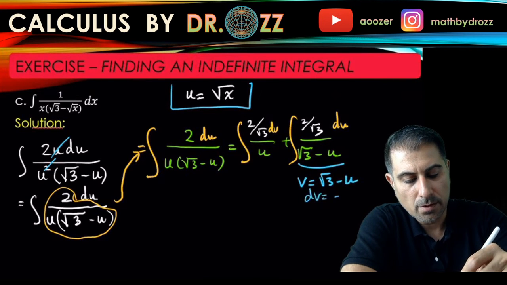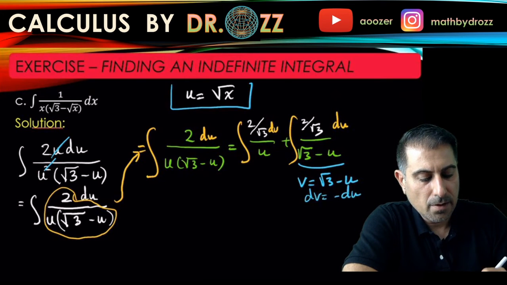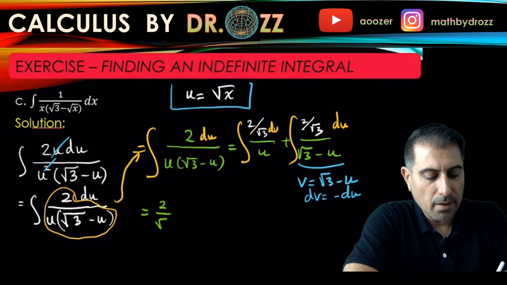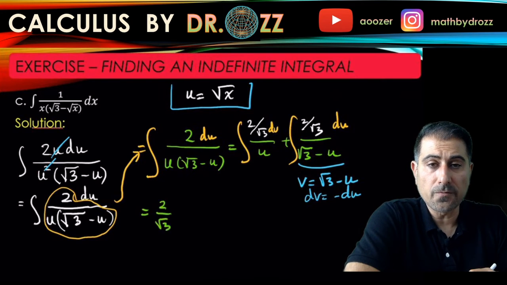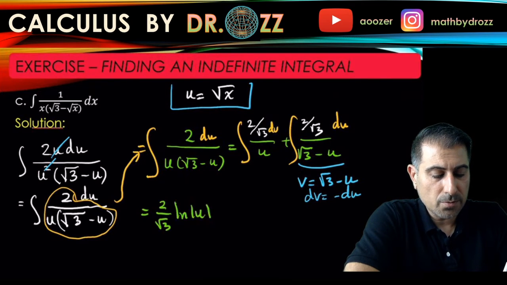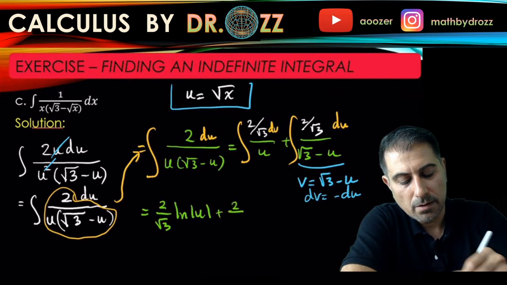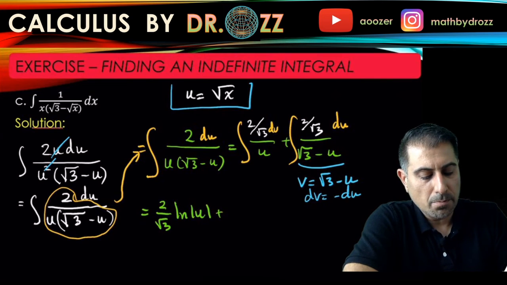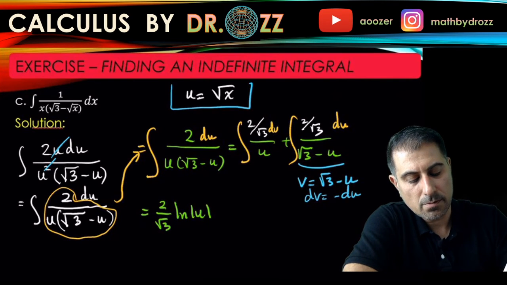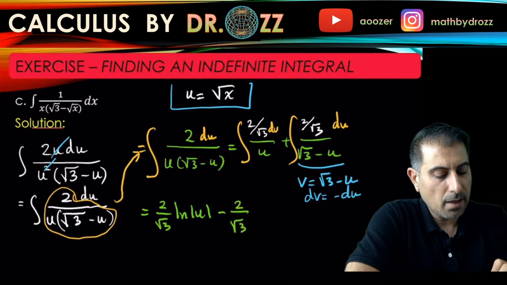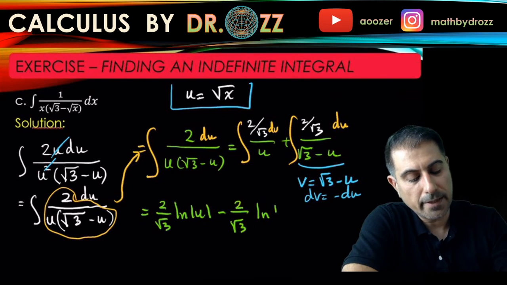So eventually we have 2 over radical 3 ln u for the first integral, plus, maybe minus, because we have another minus coming along, minus 2 over radical 3 ln v, which is radical 3 minus u.